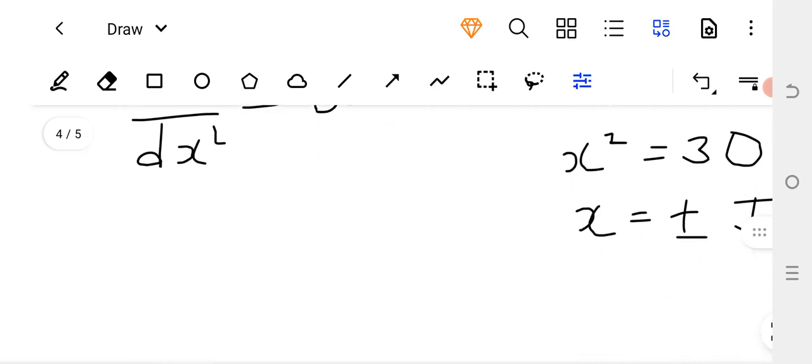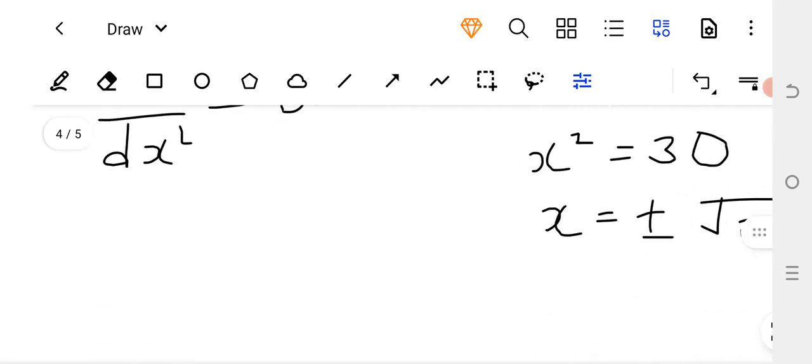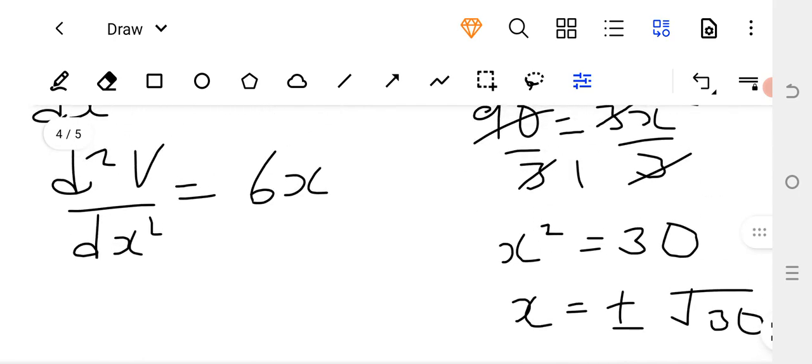If we substitute the positive square root of 30 in the d²V/dx², we are going to have a being greater than 0, and if a is greater than 0, it means that it is a maximum. But if you substitute negative square root of 30, we are going to have a being less than 0, and if a is less than 0, it means it's a minimum.